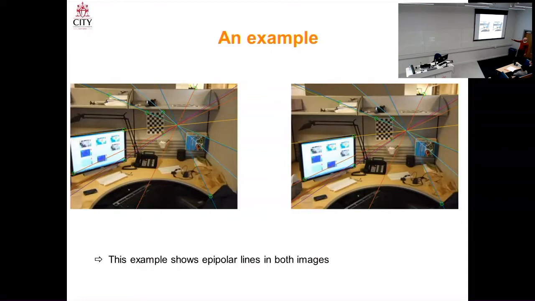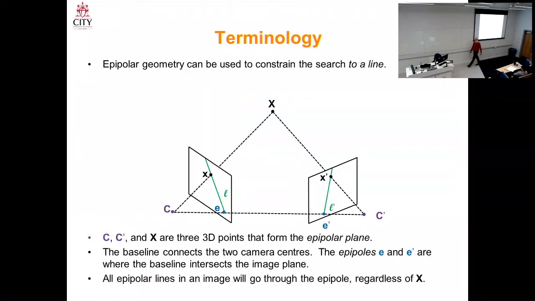And that's encoded here on this yellow line. So if I need to go look for this point, all I need to do is search along this line to find the match. And it's the same thing with all these other points. Any questions with that? Okay, so basically epipolar geometry is going to allow us to constrain the search to the line.